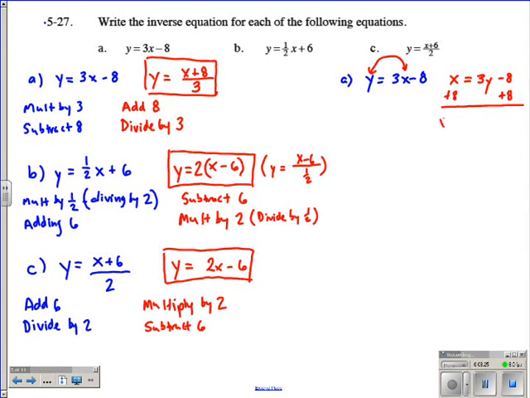I now have x plus 8 is equal to 3 times y. And if I want to undo that, I would divide this side by 3, and I would have to divide this side by 3. And you'll see here what we end up with is y equals x plus 8 over 3.